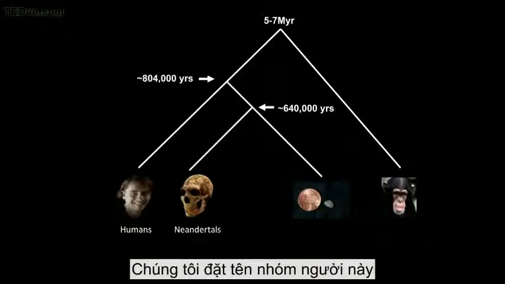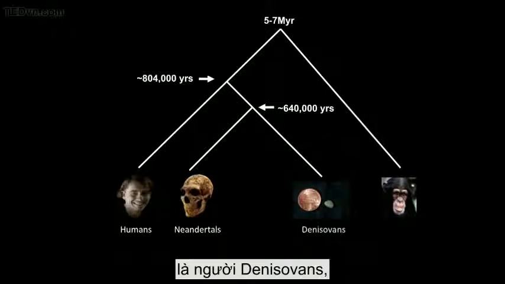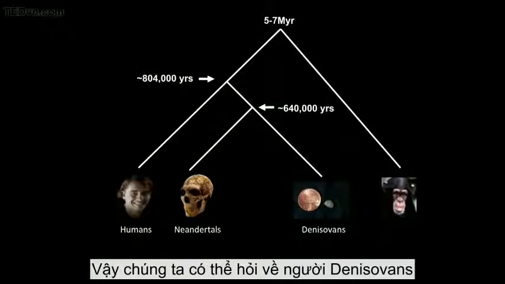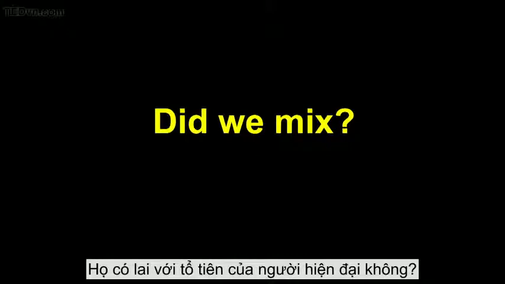We call this group of humans that we then describe for the first time from this tiny, tiny little piece of bone Denisovans, after this place where they were first described. So we can then ask for Denisovans the same things as for the Neanderthals. Did they mix with ancestors of any of the present-day people?